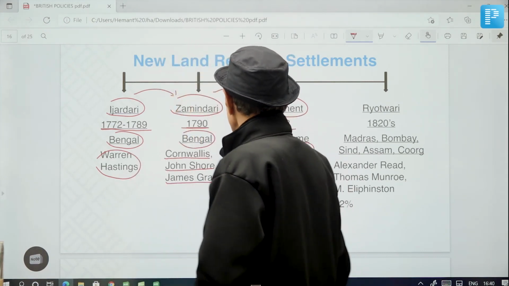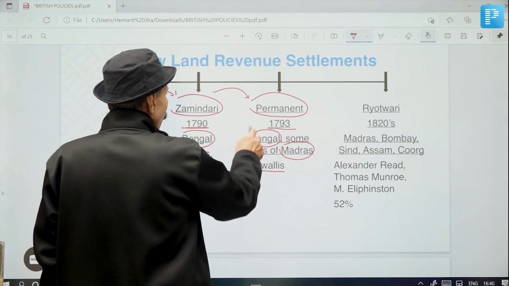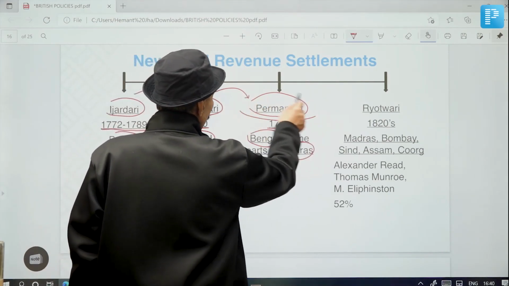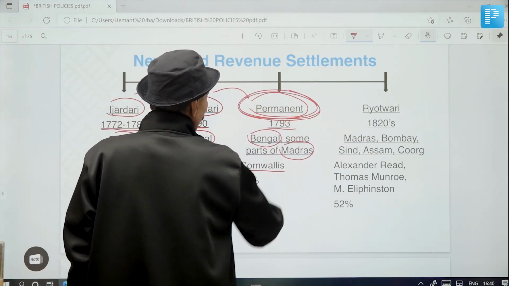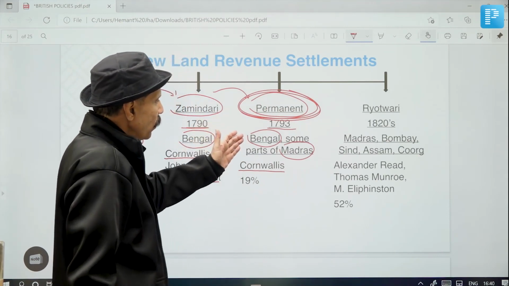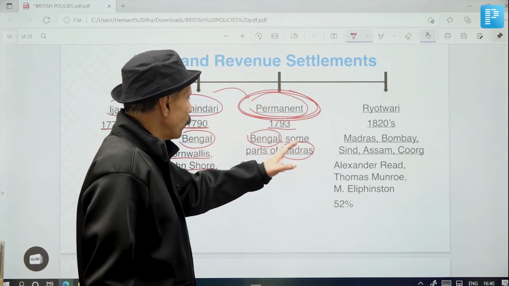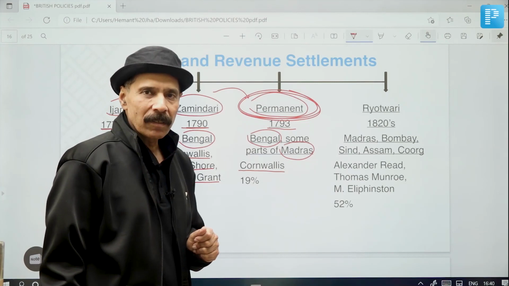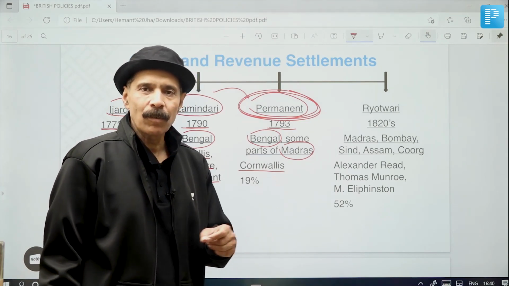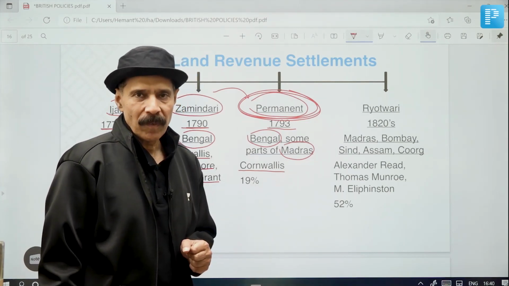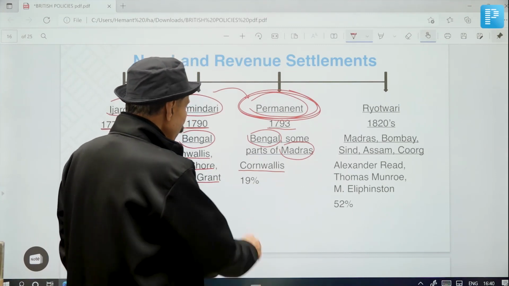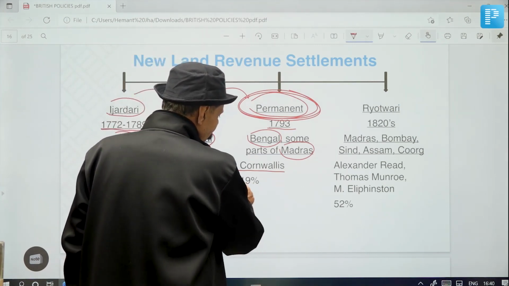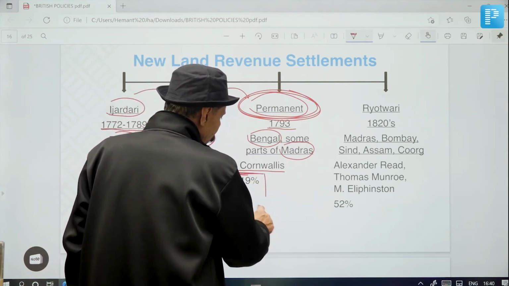And so finally, one major settlement emerged, that is permanent settlement, first introduced in Bengal and later in some parts of Madras. This also came to be known as the Cornwallis system. Here I have mentioned a statistic, 19%.